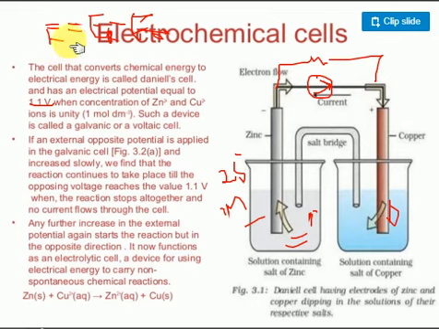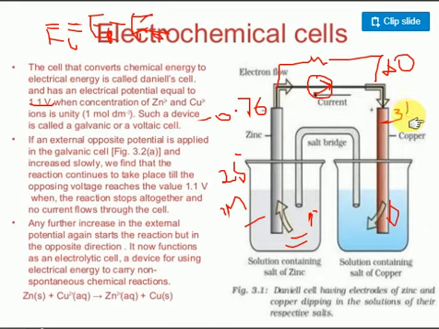The total cell potential, how much potential is generated here: the value for oxidation is minus 0.76 volt, and for reduction it is plus 0.34 volt.